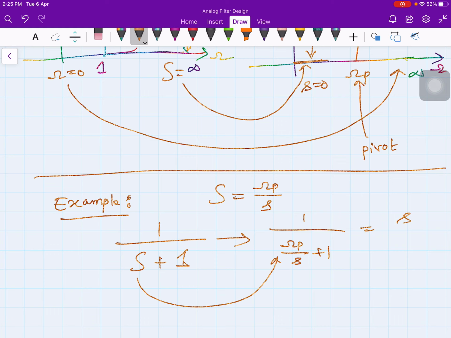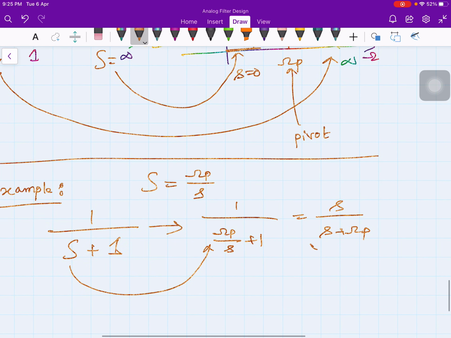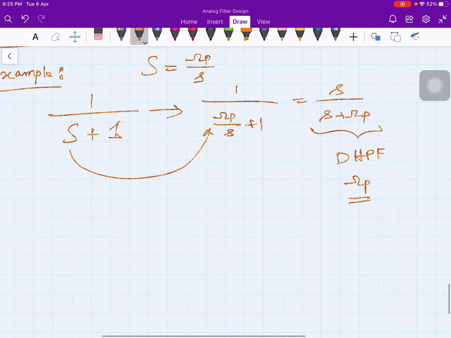So this is S divided by S plus omega p. That's it. Therefore this is obviously a denormalized high pass filter with the cutoff frequency omega p. I am doing it from various angles so that you are convinced that this transformation is indeed correct.